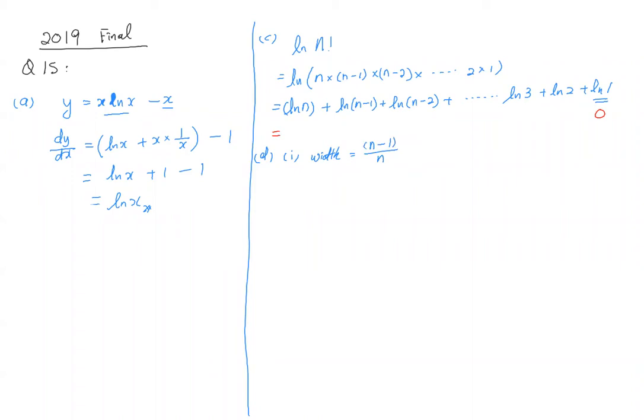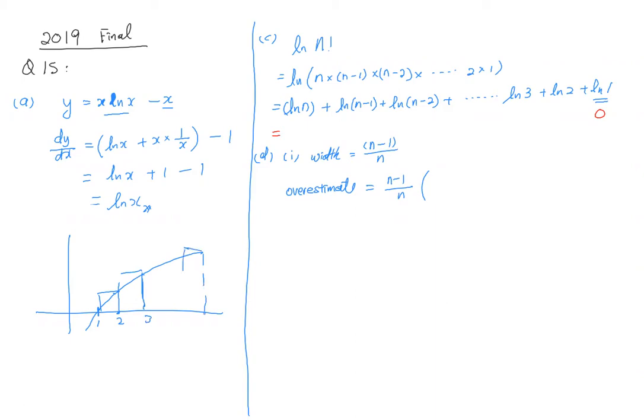Okay, so the overestimate will be equal to the width. Look, the graph goes this way. So this is 1. Here will be 2. Then it goes on. 3. Then the last one will be n, am I right?